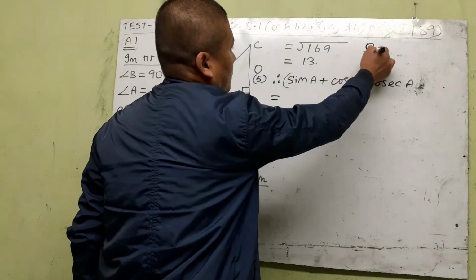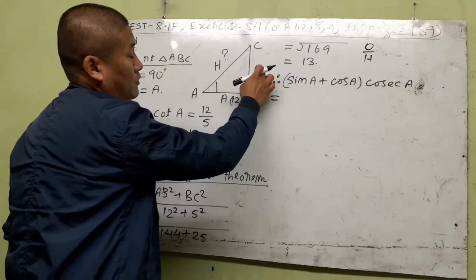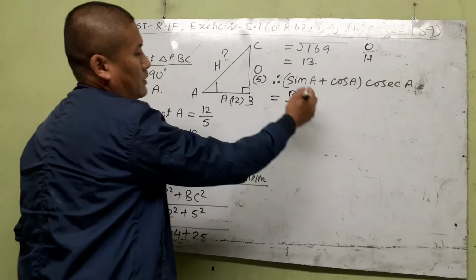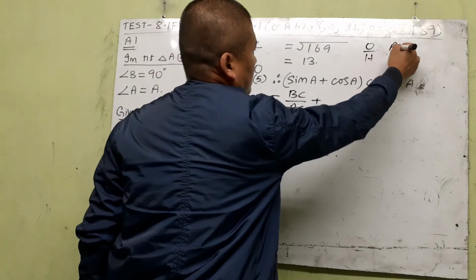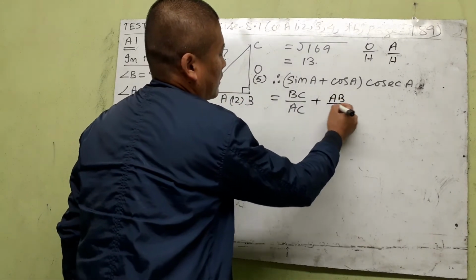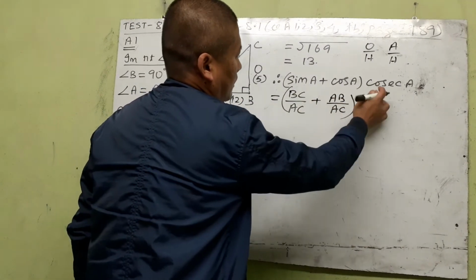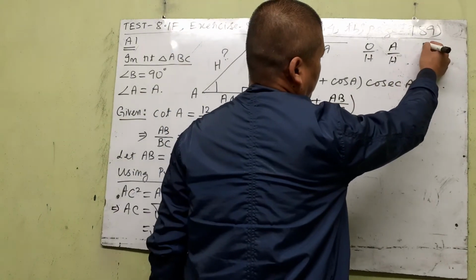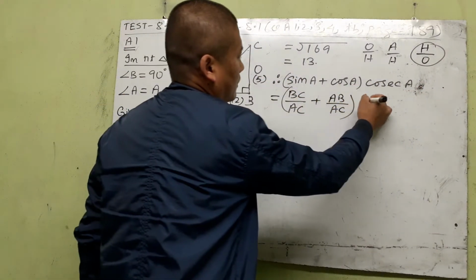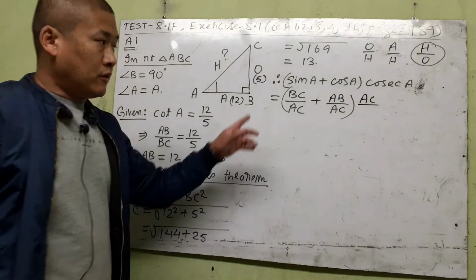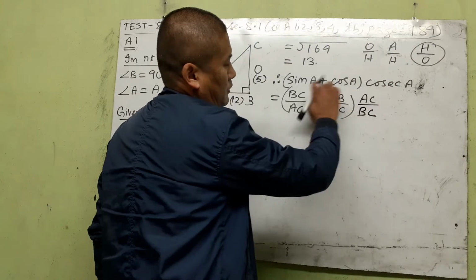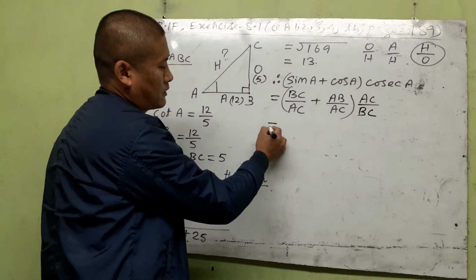Now sine is opposite by hypotenuse, so here opposite BC by hypotenuse AC, plus cos is adjacent by hypotenuse, so adjacent AB by hypotenuse AC. The cosec A is hypotenuse by opposite, so hypotenuse AC by opposite BC. So we write these things carefully and correctly, and then the next step is just to put in the right values.